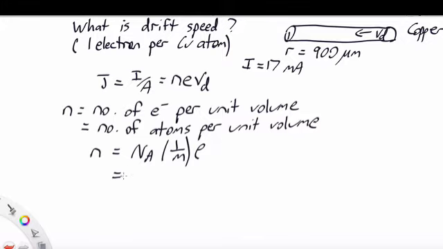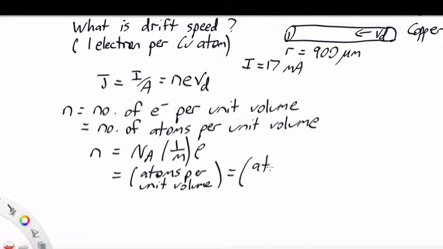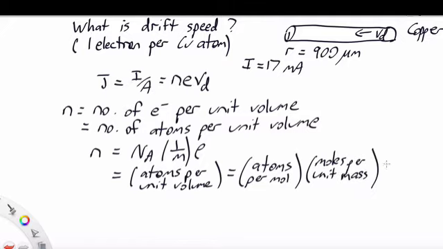And the reason is that atoms per unit of volume will be atoms per mole times moles per unit of mass, which is 1 over mass per mole, times mass per unit of volume, which is density.